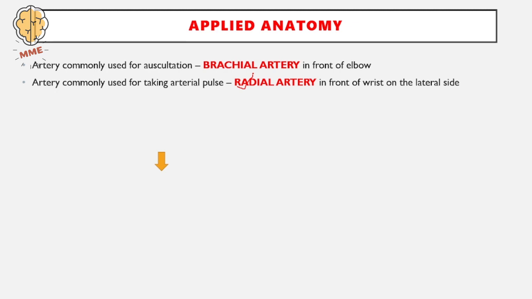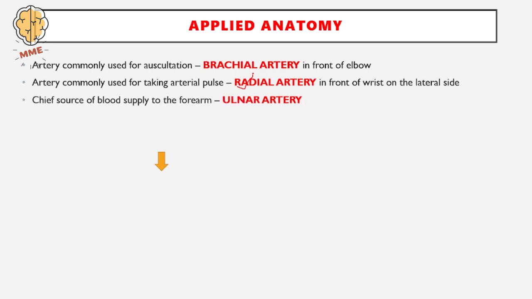In the ulnar artery, the overlying structures are the muscles and the tendon, so it's very feeble to feel it, but we can feel it. To clear out the confusion, we take the superficial one. So the radial artery can be felt the most, that's why we take the radial artery for the pulse rate measurement.